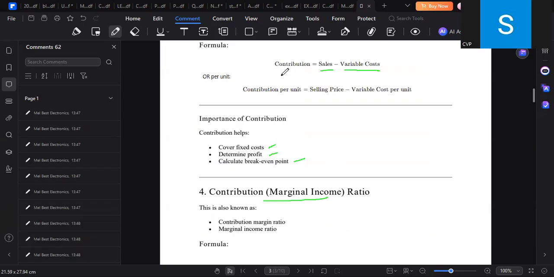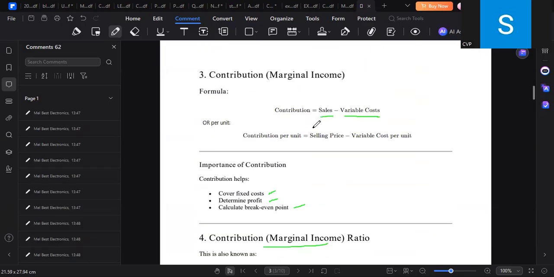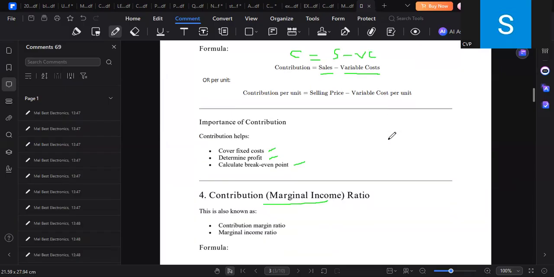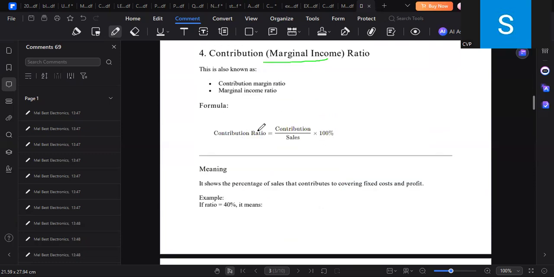Remember, the contribution is given by what? Sales minus variable costs. So contribution is what? S minus VC. That contribution per unit is sales per unit minus variable cost per unit. So contribution ratio is simply our contribution over the sales times 100.